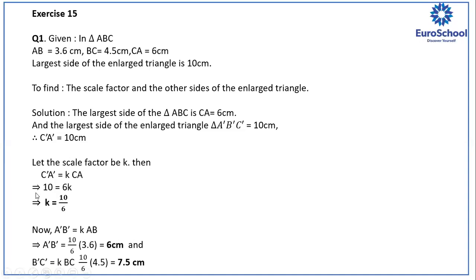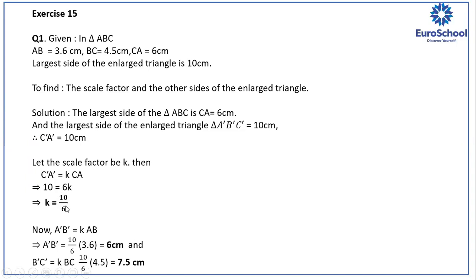So C dash, A dash is equal to k times CA. Any doubt here? No, ma'am. Okay, so in this way we can easily calculate the value of k.